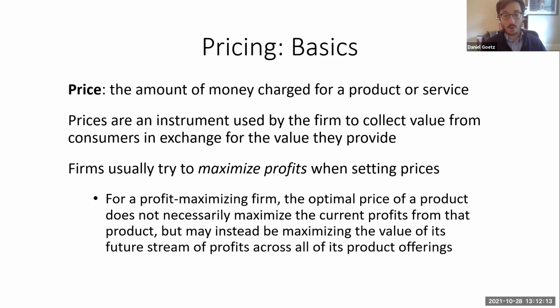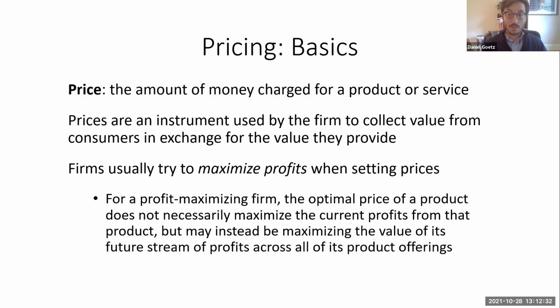You have people who come back over and over again. So when we're setting the price, we're thinking not just about today's profits, but about profits going into the future. That's what we mean when we say we're maximizing the value of the entire future stream of profits, okay?